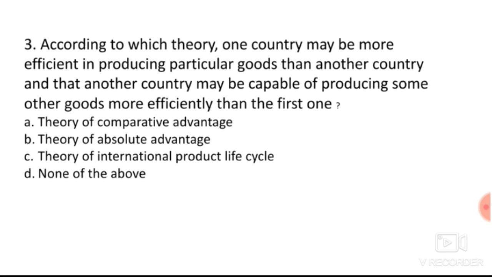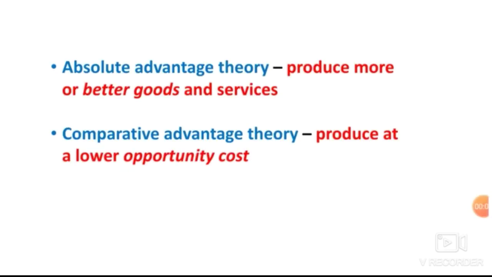Theory of comparative advantage, theory of absolute advantage, theory of international product life cycle, or none of the above. Here, absolute advantage theory is the answer, because absolute advantage theory is mainly focused on producing more or better goods and services.